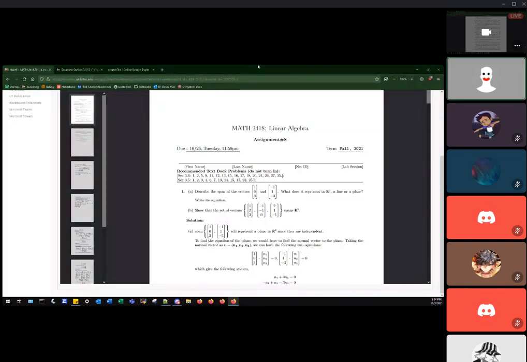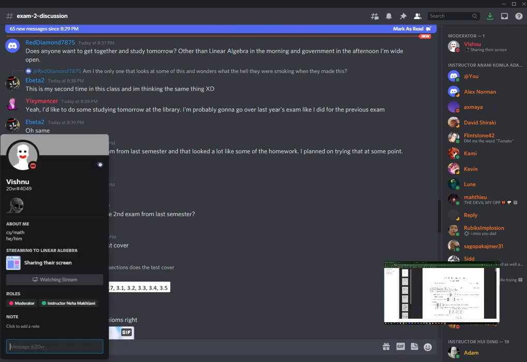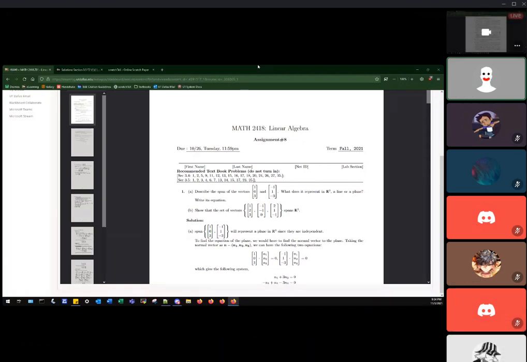The column space is a subspace of R^m, and the row space is a subspace of R^n.